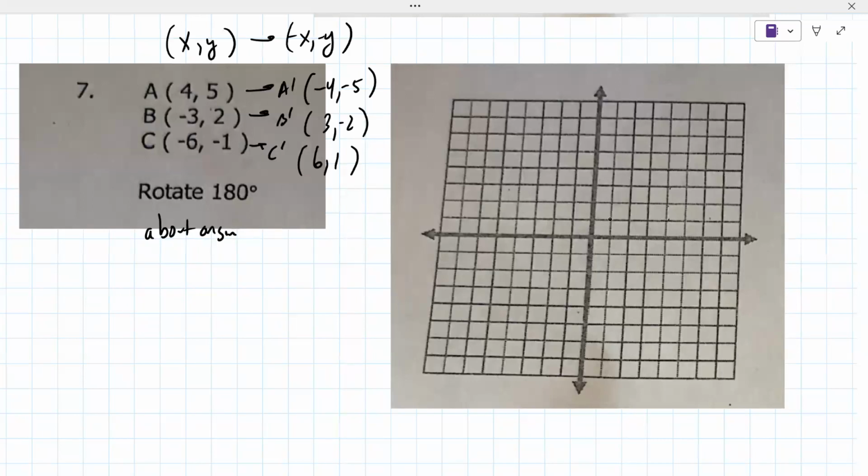So go ahead and graph the original, the -6. This is a very thin triangle.